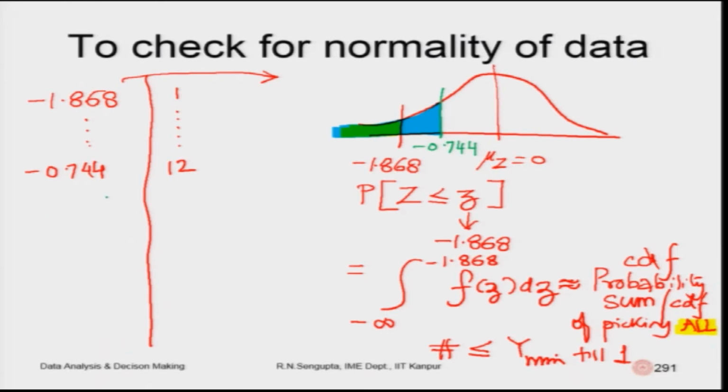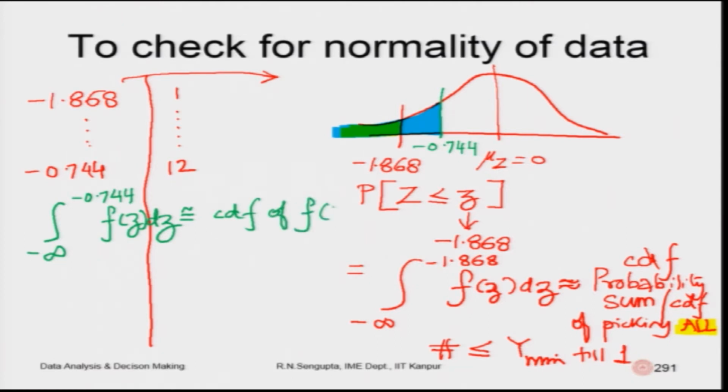Due to paucity of space I am writing it here, so please bear with me. It is the sum from minus infinity to minus 0.744 of f of z dz. This is not exactly equal, but it should be the CDF value of this f of y, whatever the f of y is, we do not know.